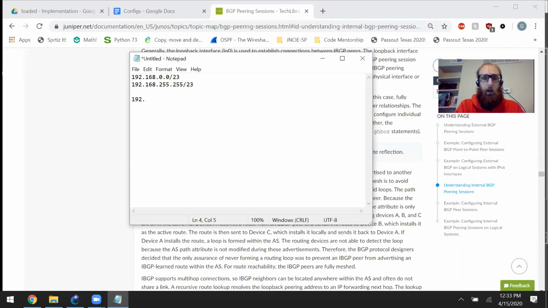If you have a /23, that means your first 23 bits, so that's 16 bits there, 17, 18, 19, 20, 21, 22, 23. If you toggle any of those first 23 bits, it means that you're on a different subnet.